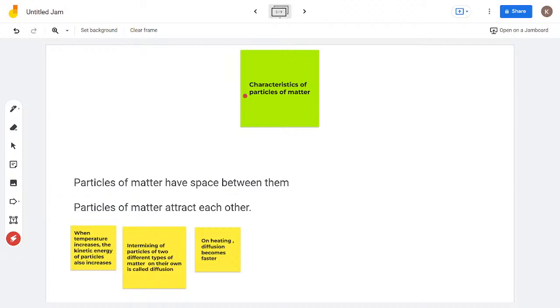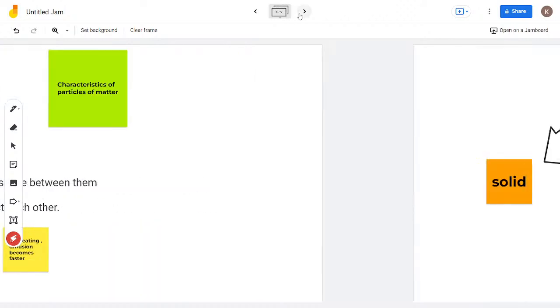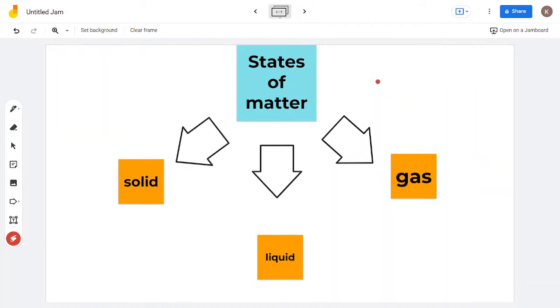Now let's move to the next part, which is states of matter, the most important topic in this chapter. We all know that there are three states of matter and they are solid, liquid, and gas. We observe different types of matter around us.